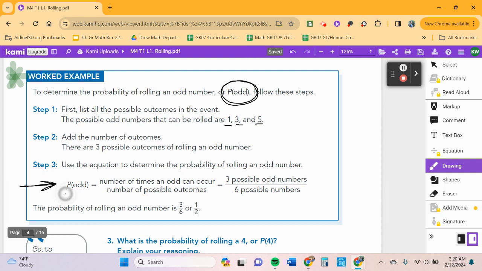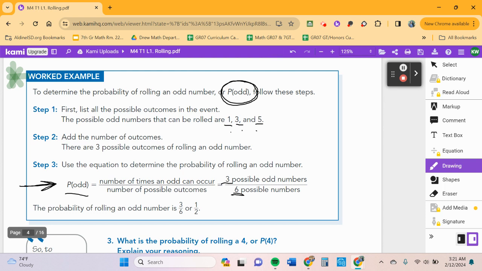So the probability of it being odd is equal to the number of times it can occur, which is 3 possible times, 1, 2, 3, out of a total of 6 faces or 6 total outcomes. So the probability of rolling an odd number is 3 out of 6 or 1 out of 2, 1/2.